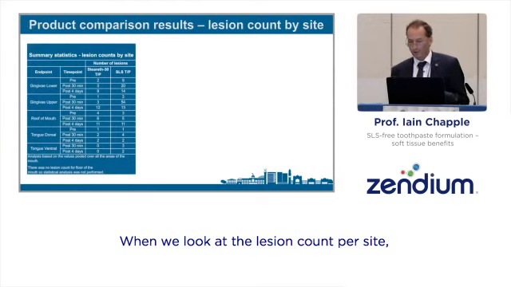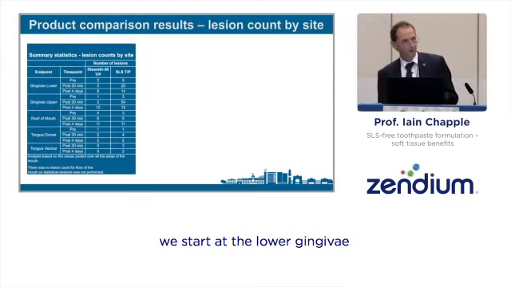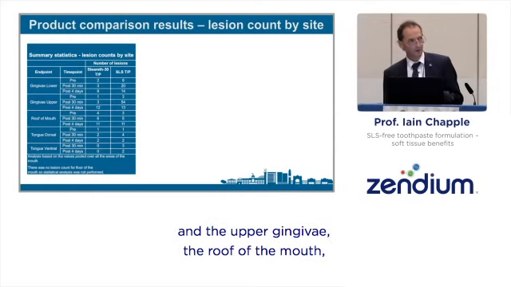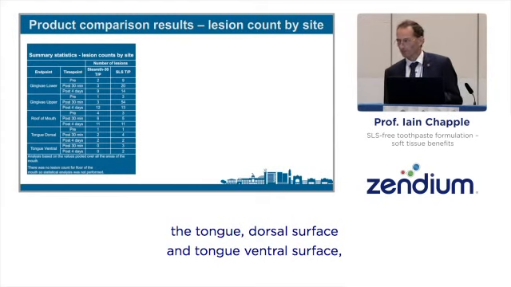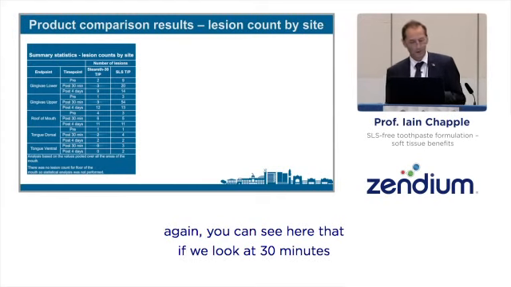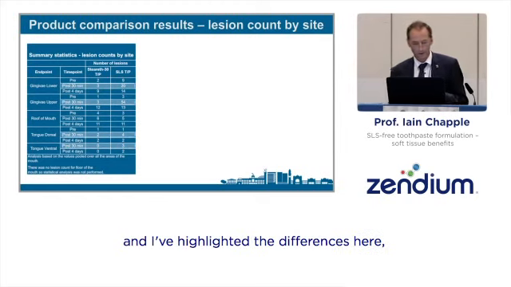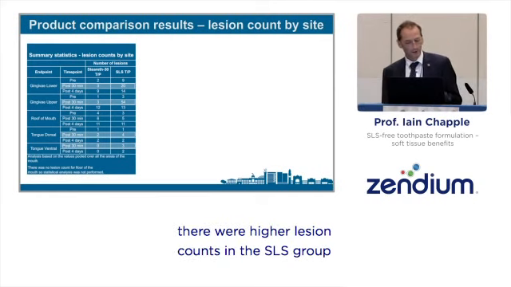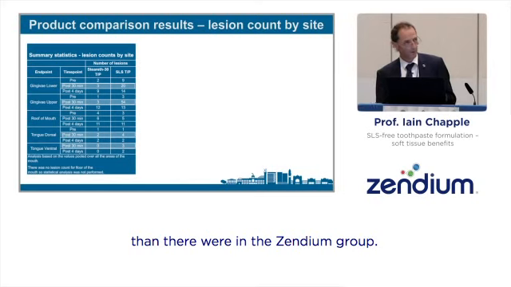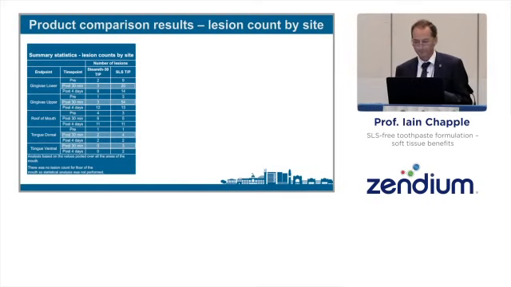When we look at the lesion count per site, we start with the lower gingivae, then the upper gingivae, the roof of the mouth, the tongue, dorsal surface and tongue ventral surface. Again, you can see here that if we look at 30 minutes, and I've highlighted the differences here, there were higher lesion counts in the SLS group than there were in the Zendium group.